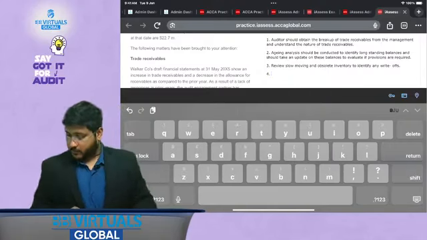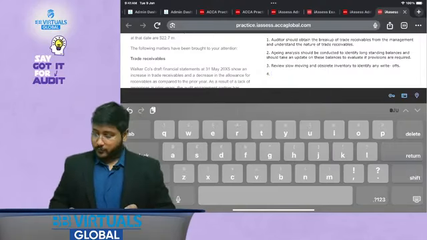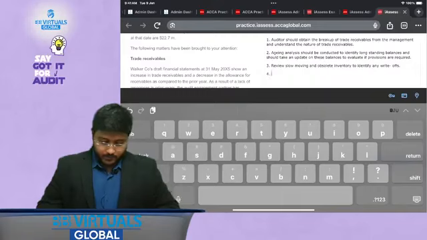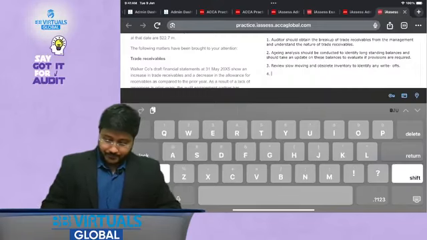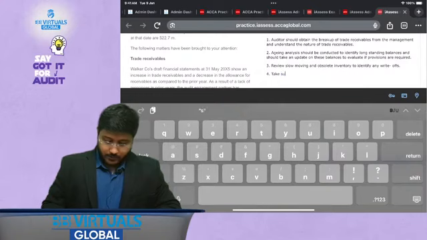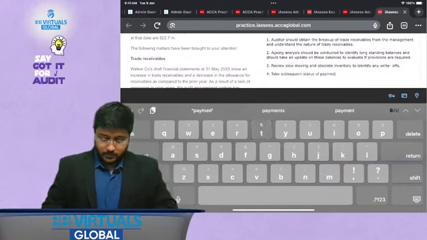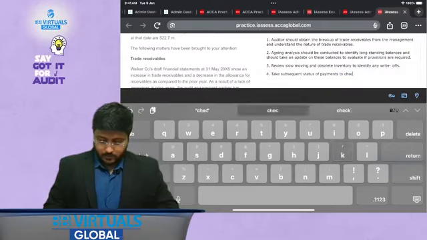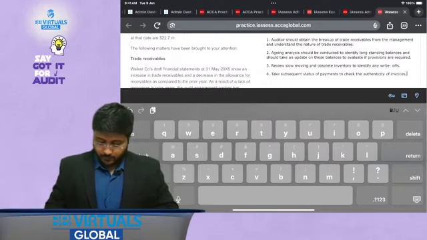Okay, now the fourth one. Okay, fourth one is what? That we should take subsequent status of payments to check the authenticity of invoices.